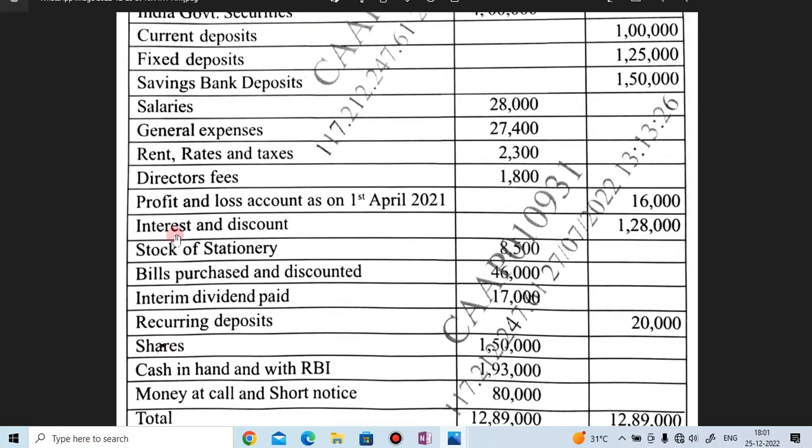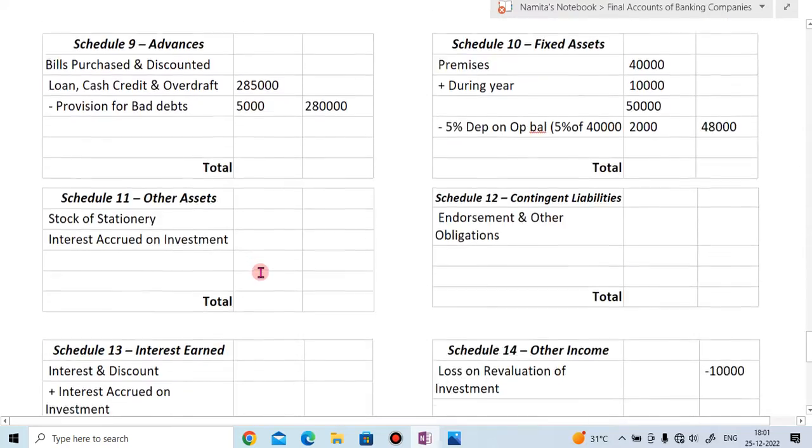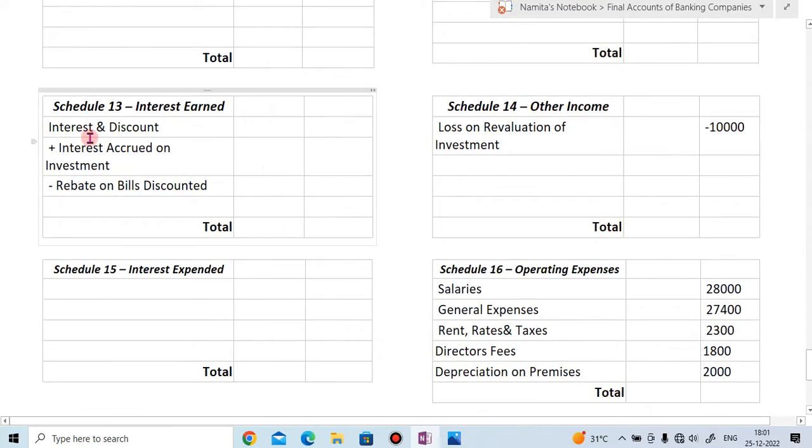Next is what? Interest and discount, 1,28,000. Interest and discount will come in schedule number 13, interest earned. Now write this 1,28,000 in inner column because there is adjustment.